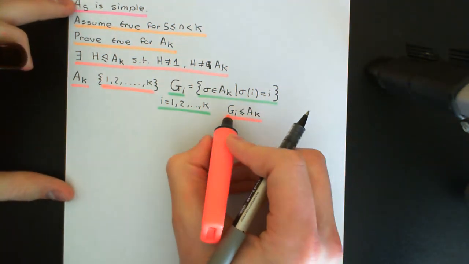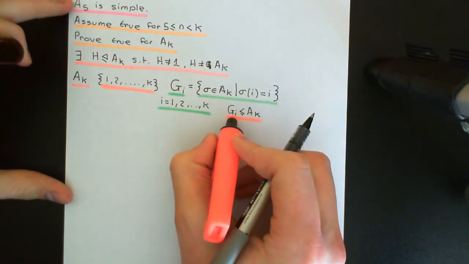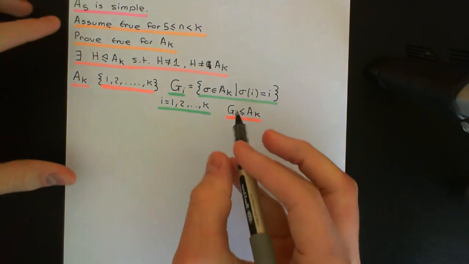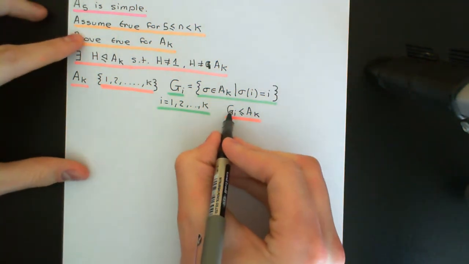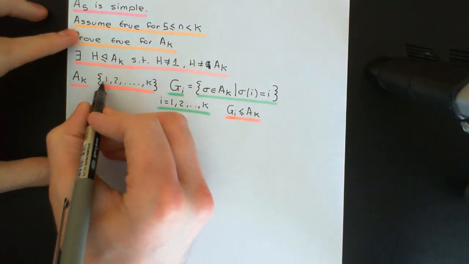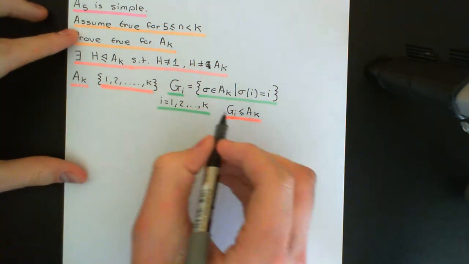And the other thing that you can conclude is that these structures are actually isomorphic to another group. You can actually say instantly what they're isomorphic to. Now let me explain this. I hope this is intuitively obvious, but still let me explain it. All of the elements in one of these groups, capital G_I, are even permutations of this set of k elements that fix the ith element.